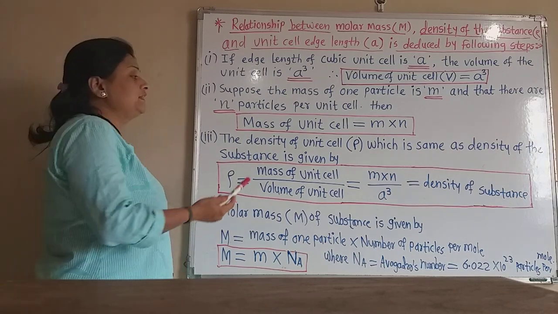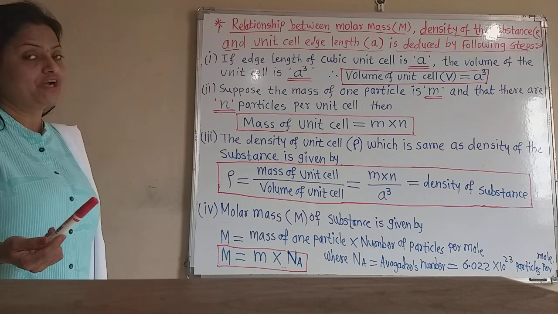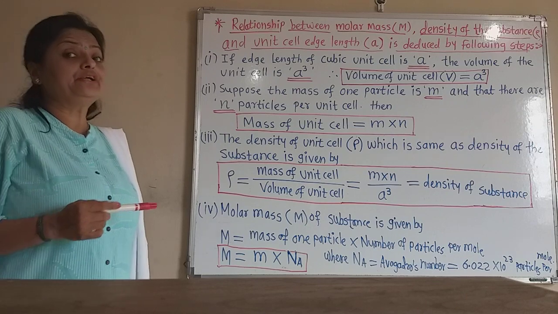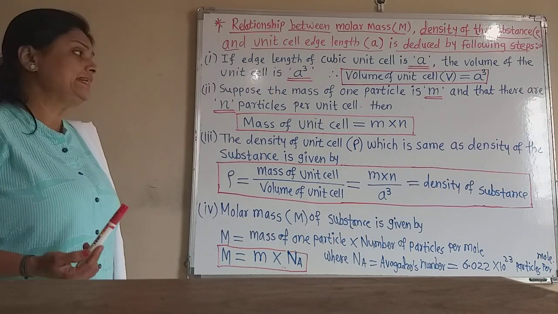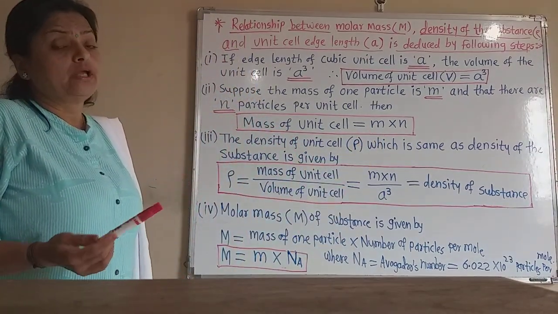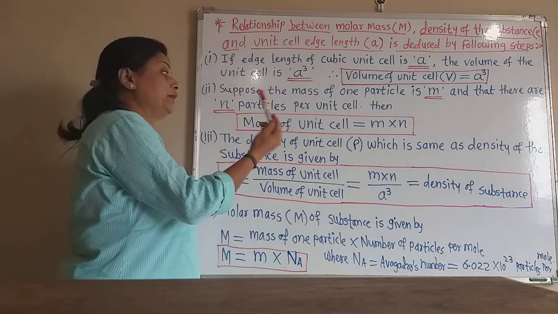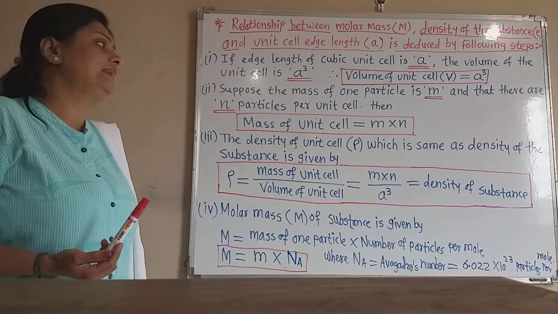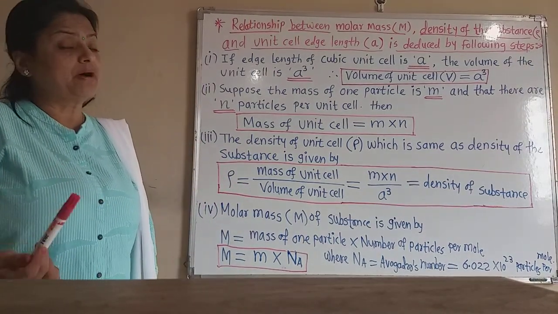Then the mass of the unit cell is calculated as m into n, that is the mass of 1 particle into the number of particles in the unit cell. If there are 4 particles as in FCC, multiply the mass of the particle by 4. If it is BCC, multiply the mass of the particle by 2. And if it is the simple cubic unit cell, then the mass of the unit cell is simply the mass of 1 particle.